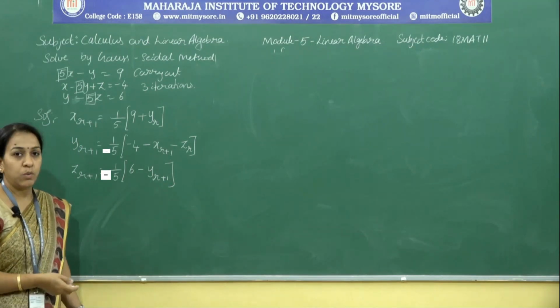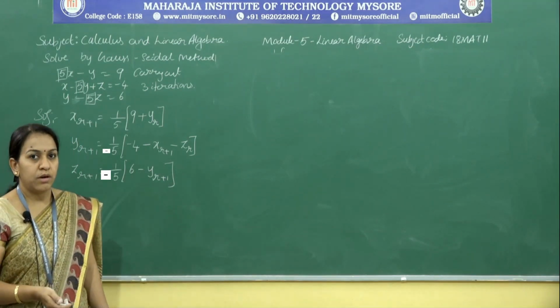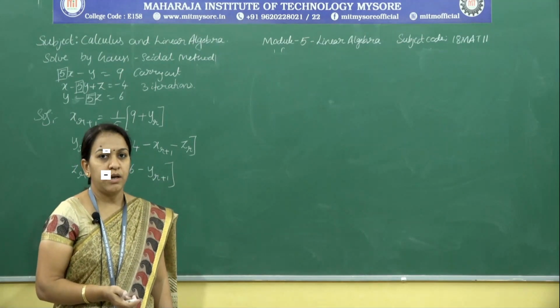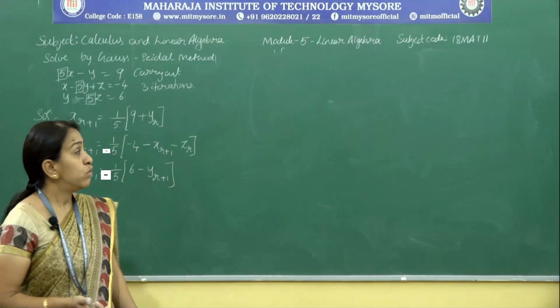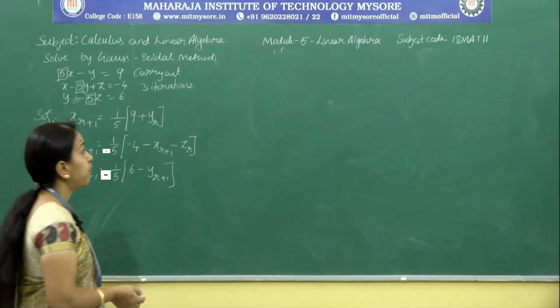So this will be your equation. So the formulas to find x, y, z are ready. So I can construct the table now.